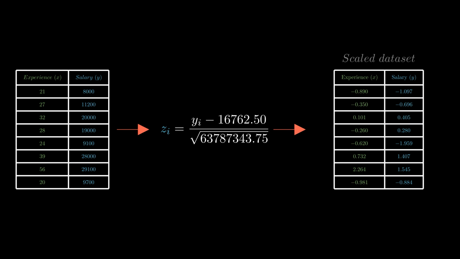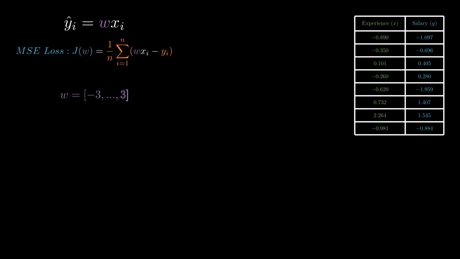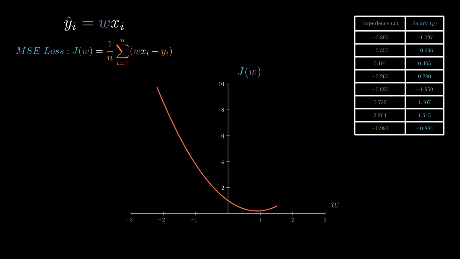Since we are working with a model with only one parameter, for each parameter value between any range, for example, -3 and 3, we will calculate its corresponding MSE loss for all examples in our dataset, creating a plot of W against loss J. This will help us examine how the loss reduces for each parameter during gradient descent.